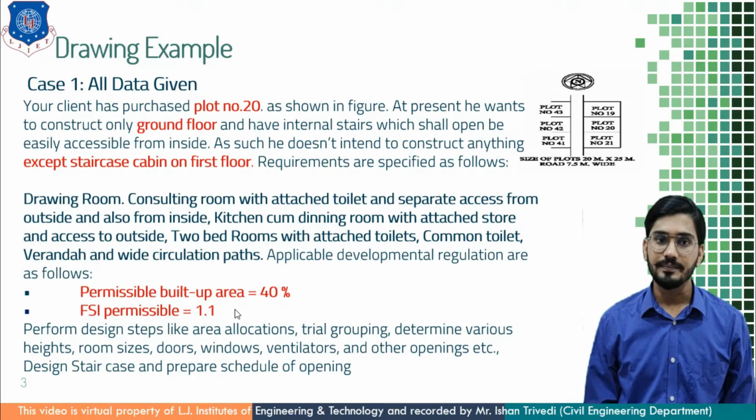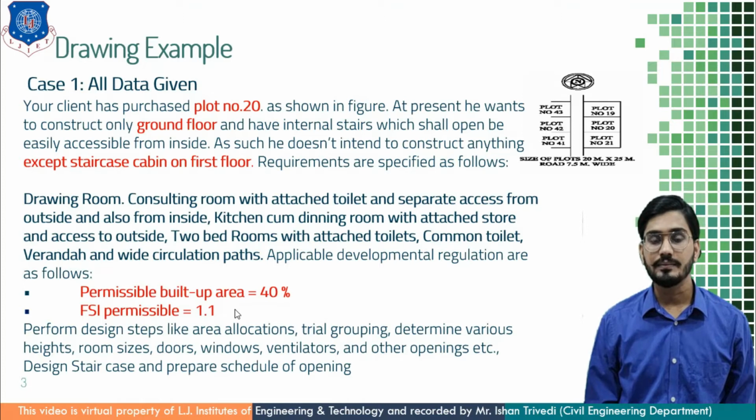At the same time, he has a few requirements, for example, a drawing room, a consulting room with an attached toilet bathroom, access from inside and outside, then common access for the staircase inside, then kitchen cum dining room, then an attached storeroom, veranda, and a wide circulation path. So these are the client's requirements that you have to meet.